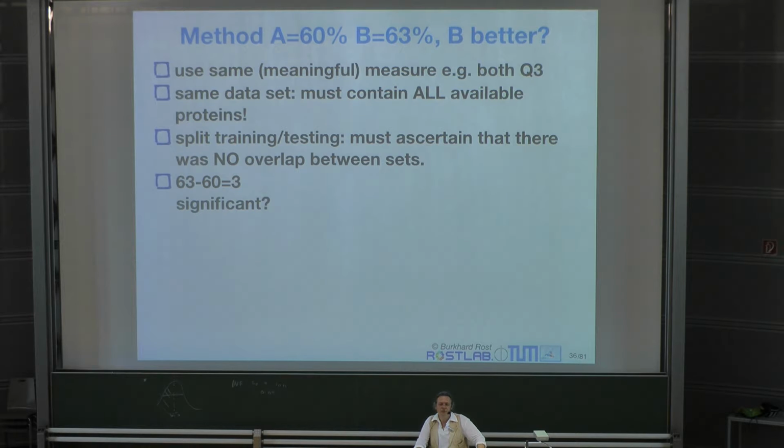I see no. I see 2 yes, 1 no so far. Can we have more action of heads or fingers? Who says 3 is significant? Who says it's not significant? Who says I don't know?